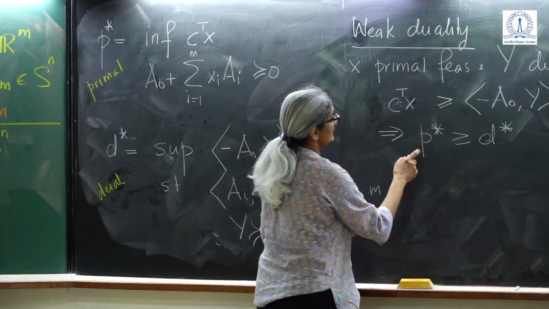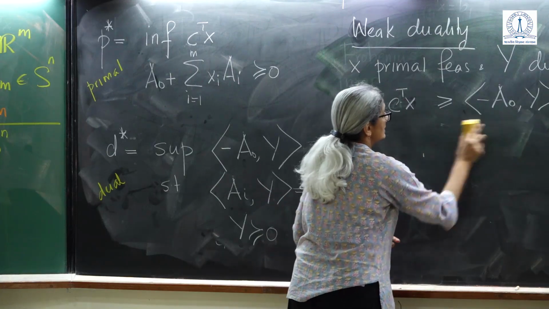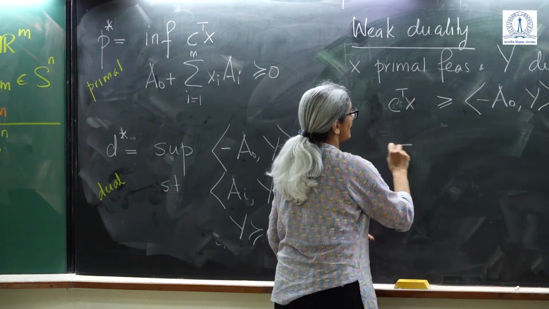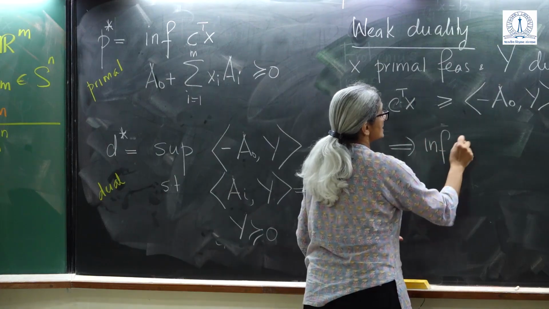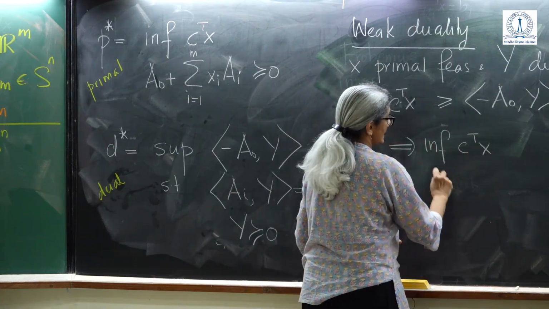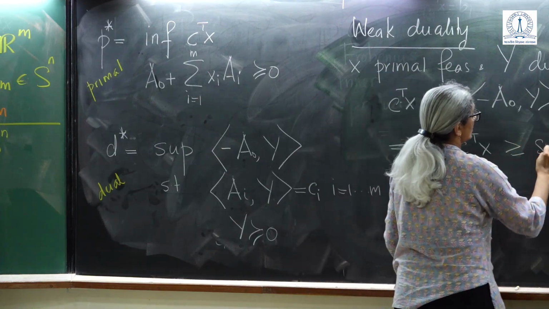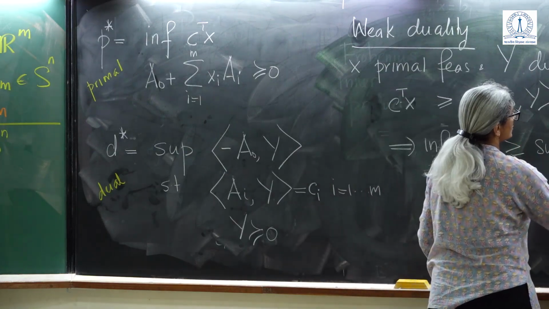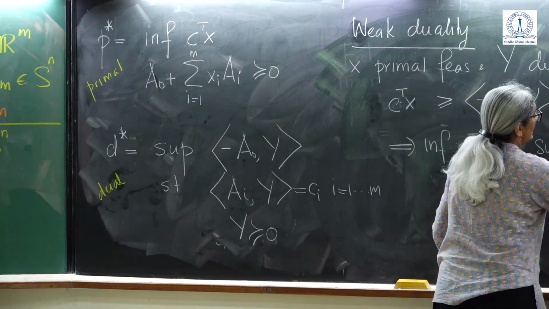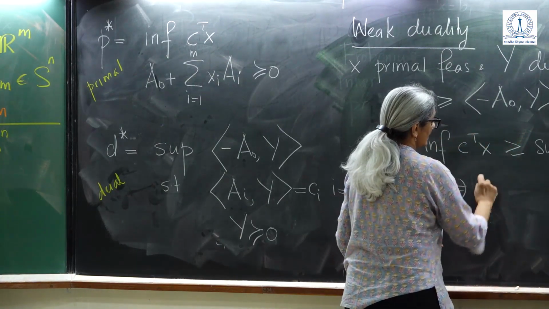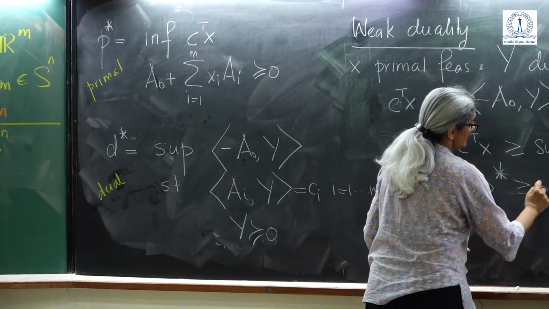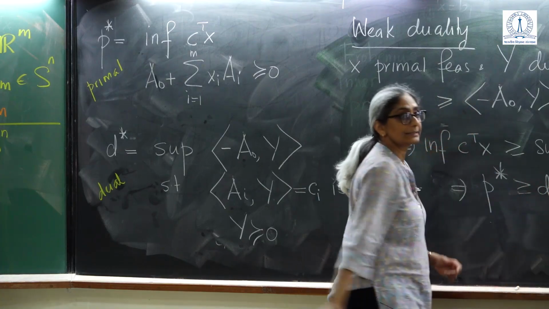So let's write it. This fact implies that the inf of C transpose x such that x is primal feasible is always greater or equal to the sup of minus A0 y. And that implies that P star is always greater or equal to D star. This is called weak duality.